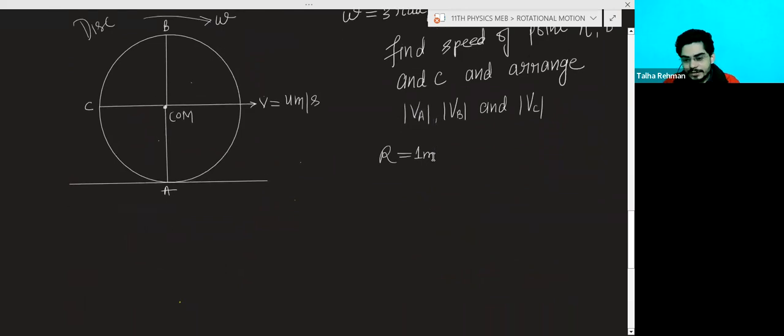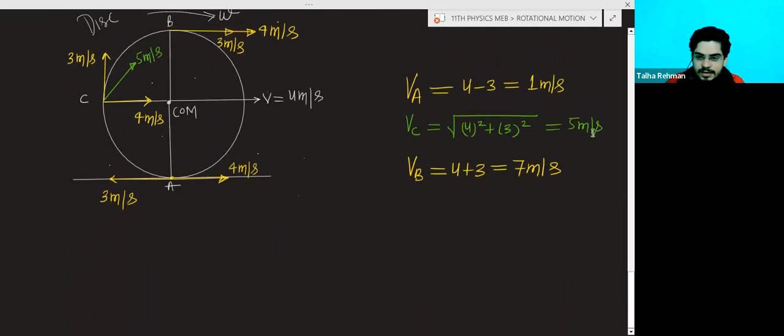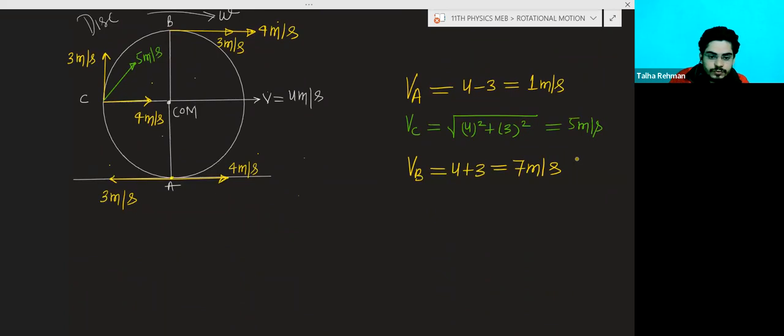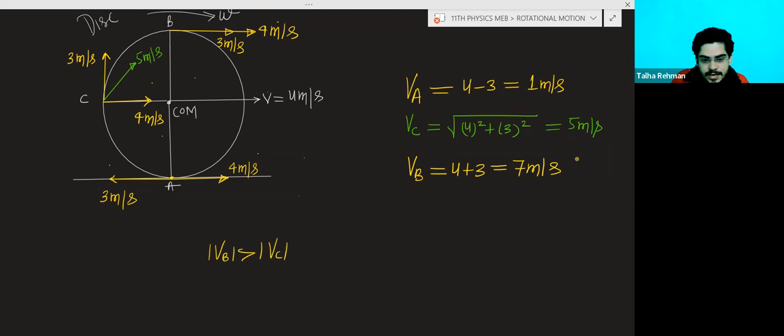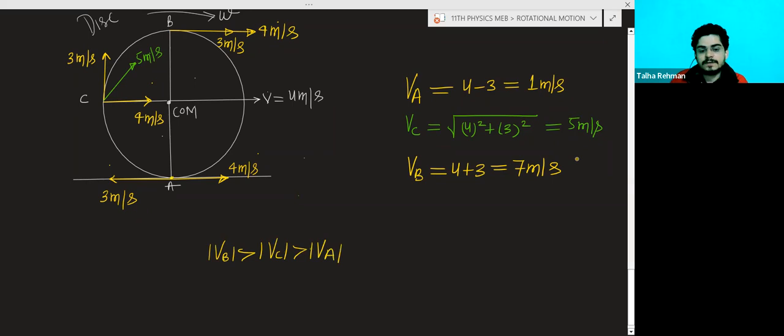They are asking only for magnitude, so we can write: maximum velocity is of point B. After that, the velocity of point C, and after that we have the least velocity at point A.